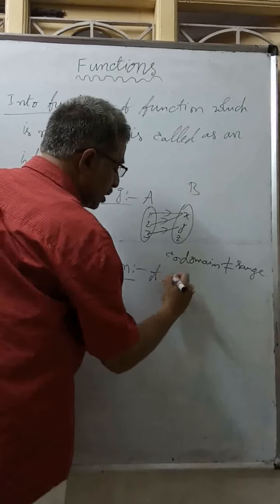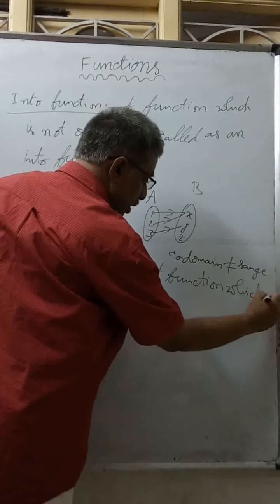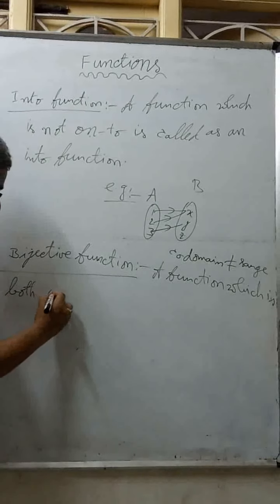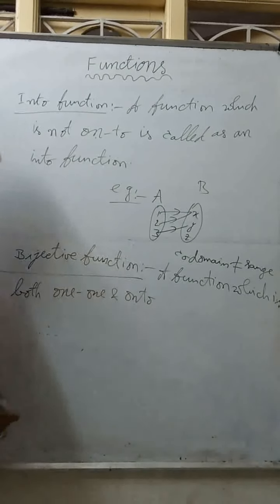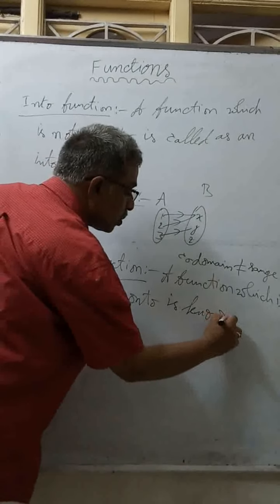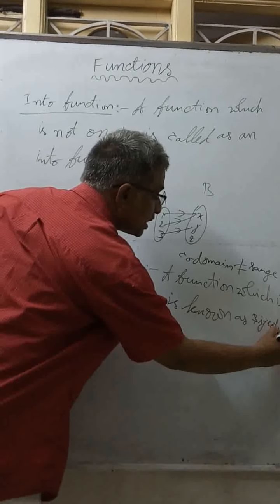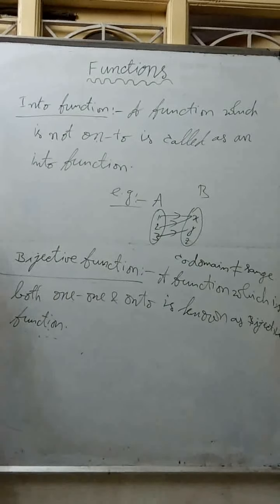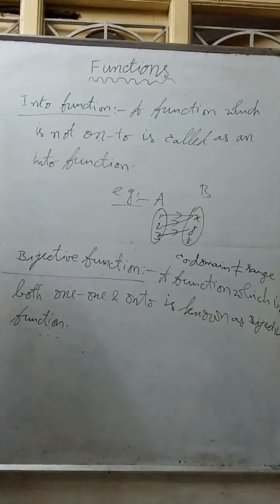A function which is both 1-1 and onto is known as a bijective function. Means it should be 1-1 as well as onto.